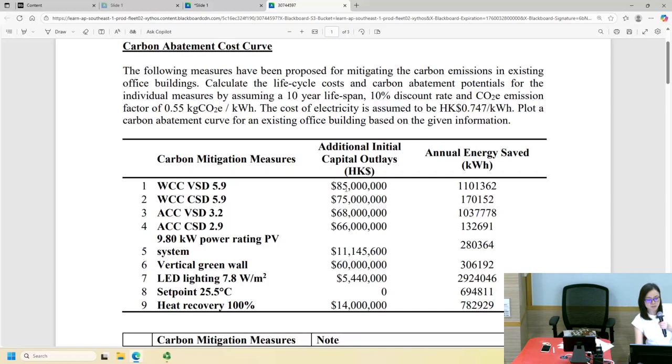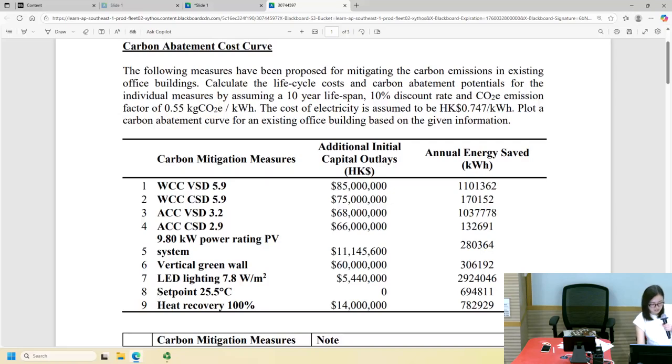By paying this amount of money, installing these variable speed drives, then every year you can use less. How much? 1 million kilowatt hour of energy. And for the others, it is just the same. They have some initial cost and then the annual energy saving.